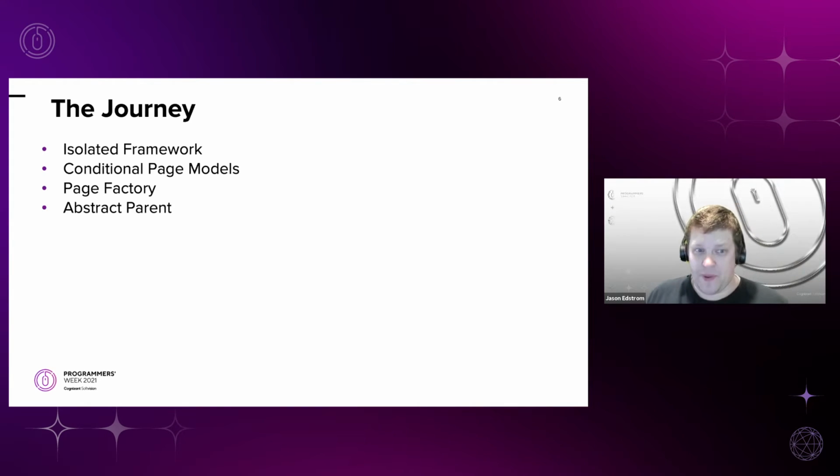Then we're going to talk about page factoring, what it is trying to do and where it succeeds and fails in terms of automation. And the last one, we're going to talk about the abstracted parent. This is where we're using heavy OOP principles in order to heighten the capabilities of our automation framework.